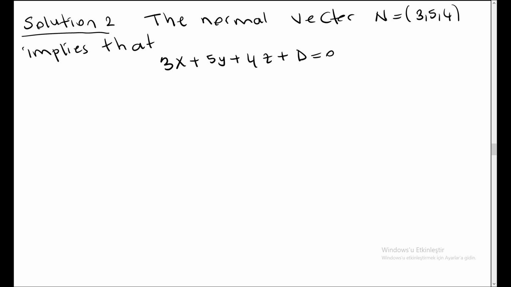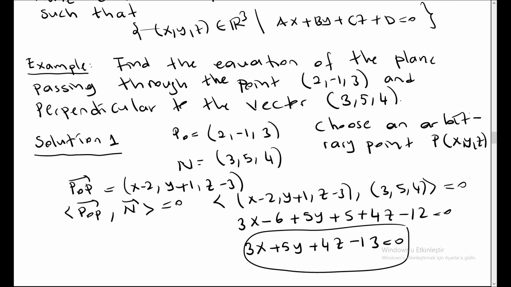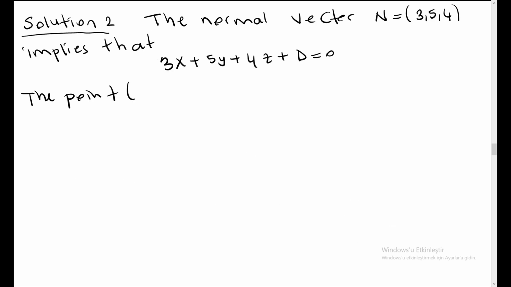So if we find d, then we find the equation. But we have this information about the plane, the point, which point? The point (2, -1, 3) must satisfy the above equation.